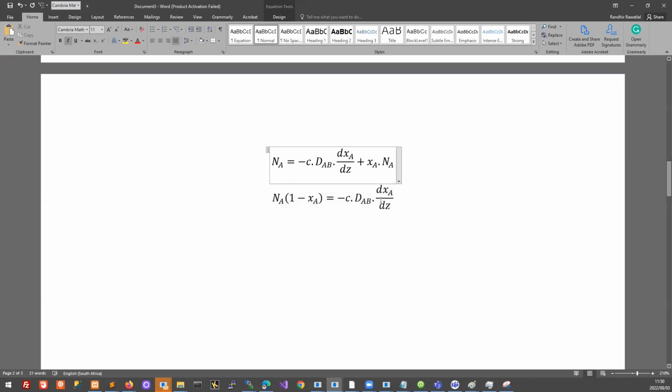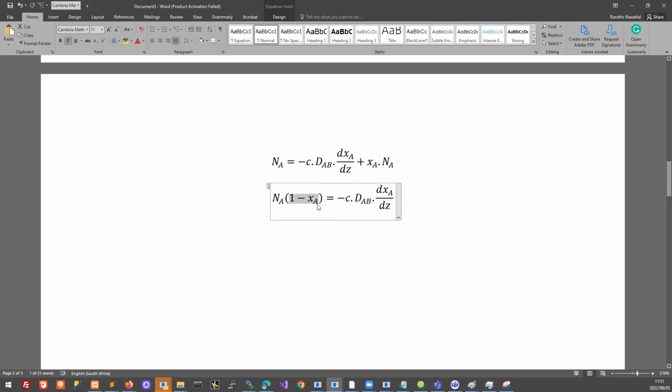Now we need to integrate this, and so we need to know which of these variables are going to change in z. So we've just established N_A is not going to change in z, by virtue of us being interested in the steady state. Because concentration is steady, then this has to be constant in z.